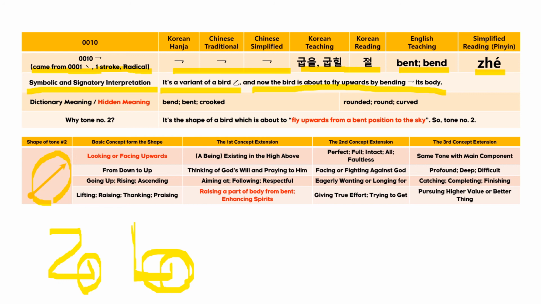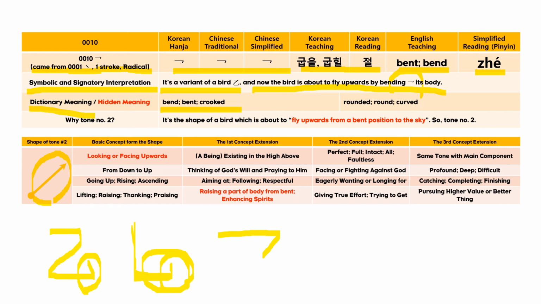And this character is another variant of a bird. The bird is about to fly upward by bending its body. So the dictionary meaning, bend, or crooked.